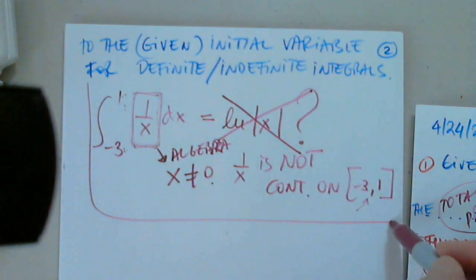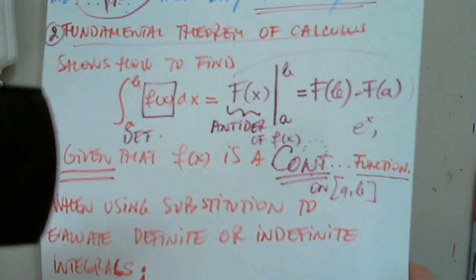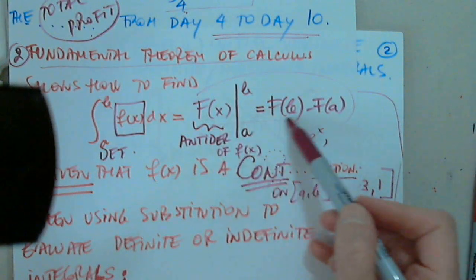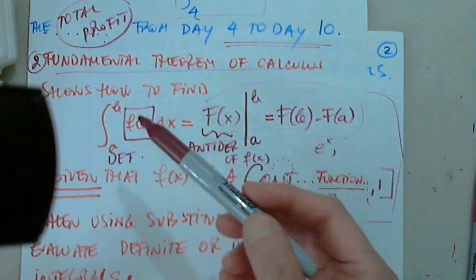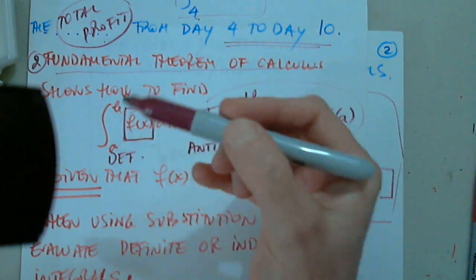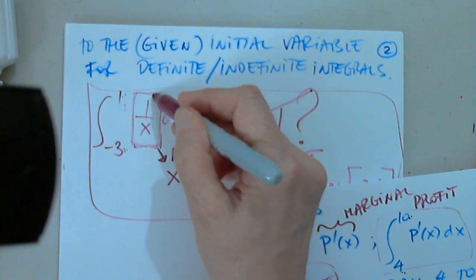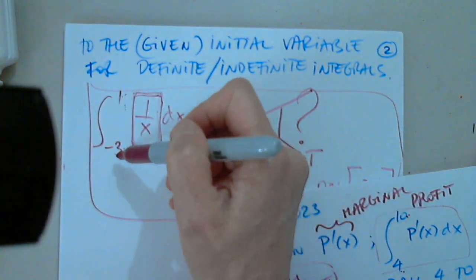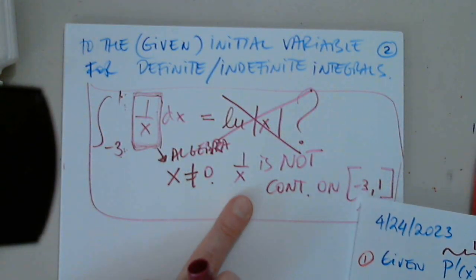Yes. Thank you. That's why the fundamental theorem of calculus is applicable only if this function is continuous on [a, b]. This function is not continuous on -3 to 1 because it does not exist at 0.